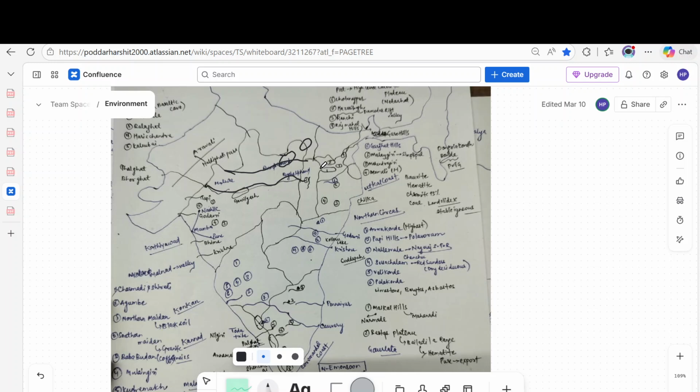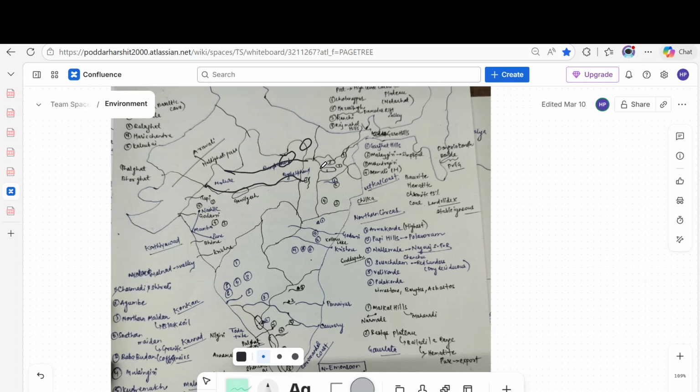Then we have Asirgarh and Rajpipla. Rajpipla is a national park also. So we understood Kaimur, Amarkantak, and Ma for Mahadev, one Ma for Maikal and one for Mahadev Dhupgarh, Asli is the Asirgarh, and this is Rajpipla.